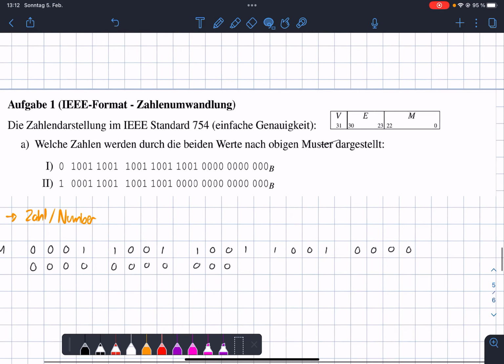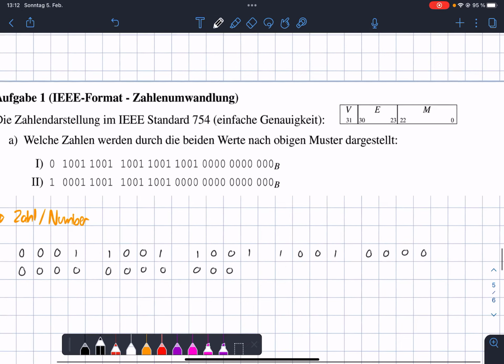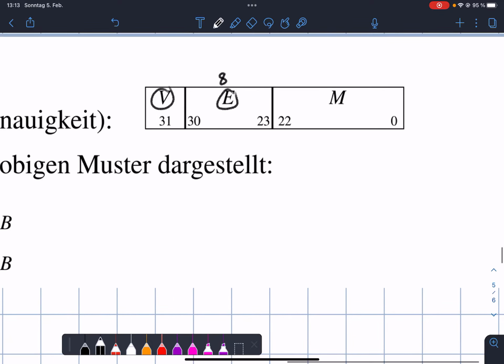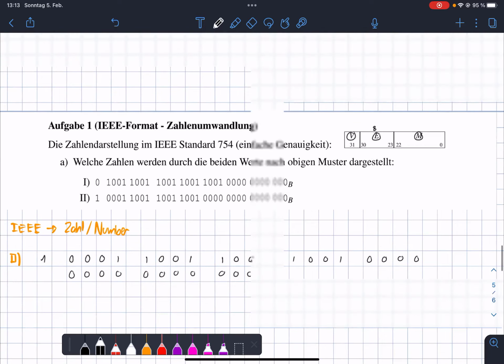That's a standard, in a sense. We have 32 bits, of which 1 is being used by our sign. And then from bit 30 to 23, it's going to be 8 bits for our character, and the mantissa has the rest of them.